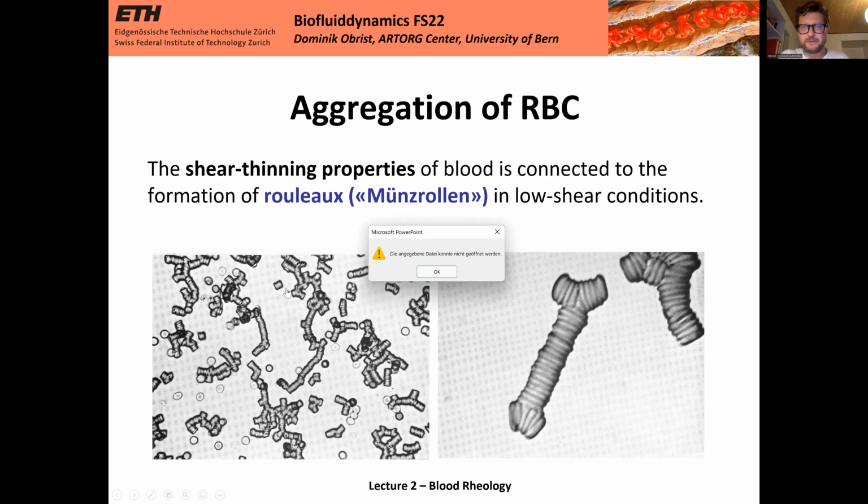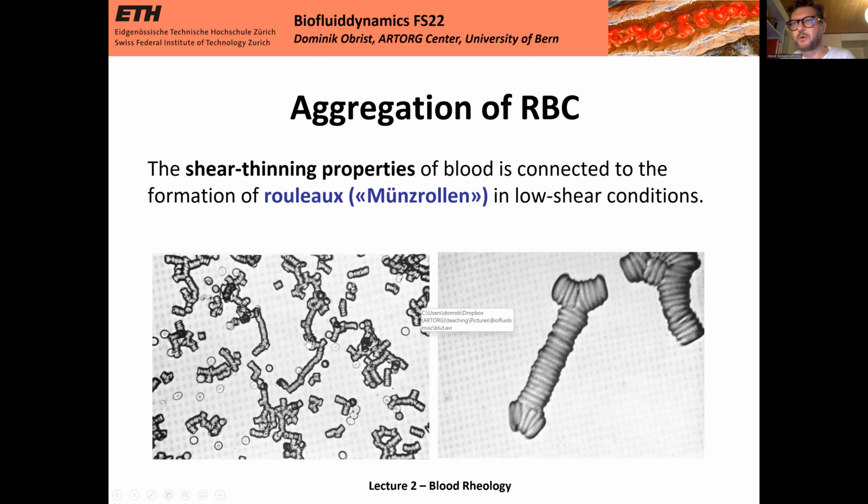When you slow down, the shear rate goes towards zero, and you will slowly observe that the red blood cells are aggregating in these money rolls, but when you accelerate again, they tear apart again. So it's a reversible process.